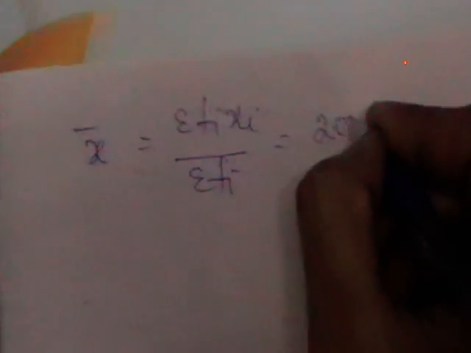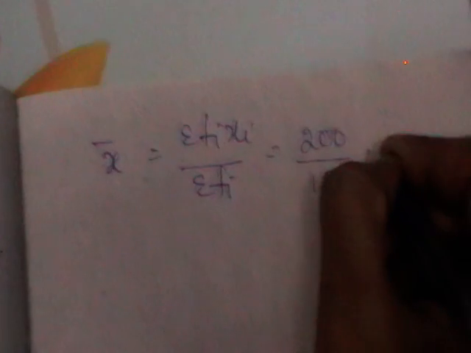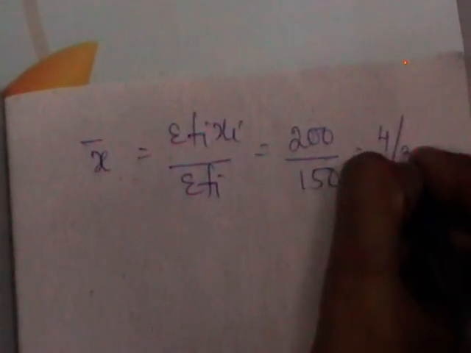Sigma fi means you should add the f column, which is 150. So you have calculated sigma fx and sigma f, and you can go for x bar. What is the formula for x bar? Sigma fi xi by sigma fi. We got sigma fi xi as 200 and sigma f as 150, which is 4 by 3.